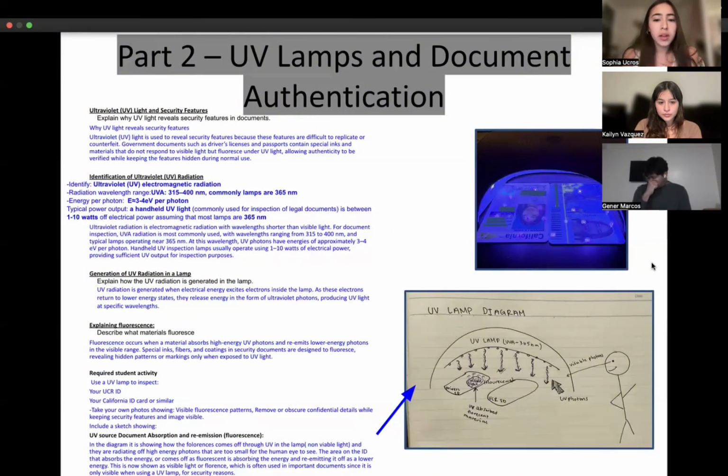The UV radiation generated in the lamp is made by electrical energy exciting electrons inside of the lamp, and as the electrons return to lower energy states, they release energy in the form of ultraviolet photons, producing UV light at specific wavelengths.